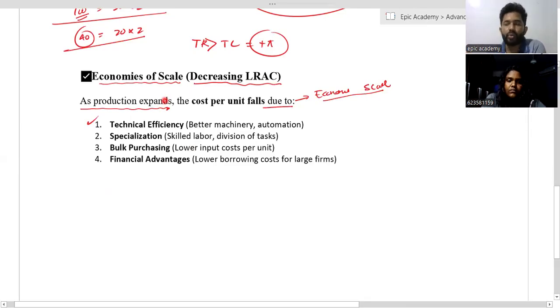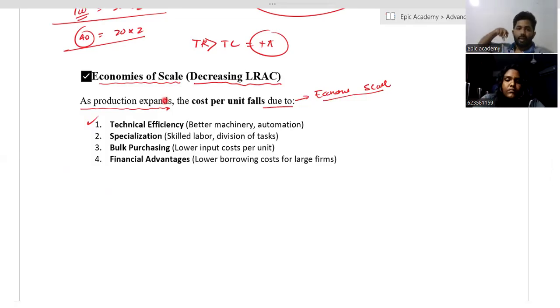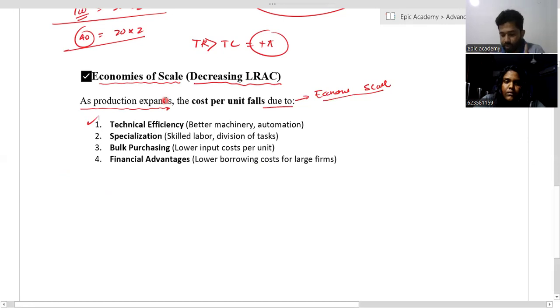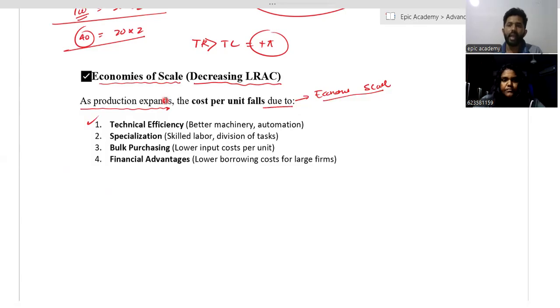But if you use efficient technology, during the same time period your production quantity can be increased, the quality can be increased, and the unit cost can be reduced. It is a good situation for the producer. We call it economic scales.